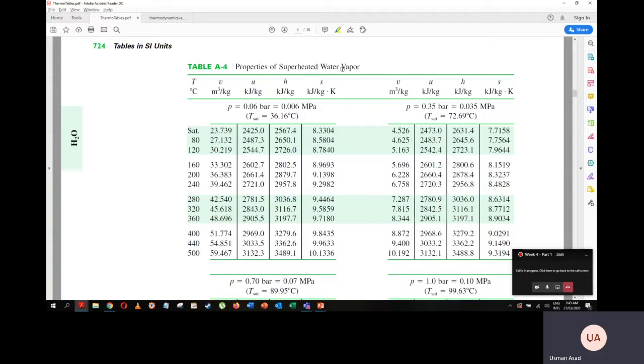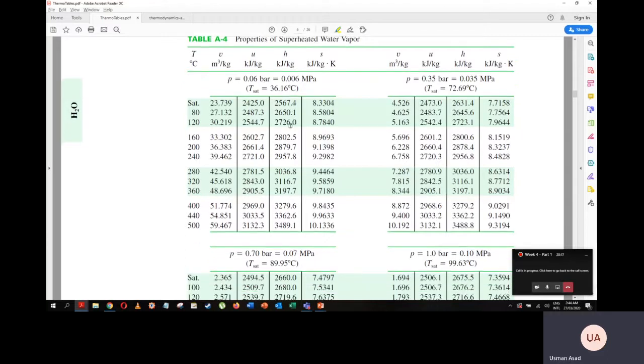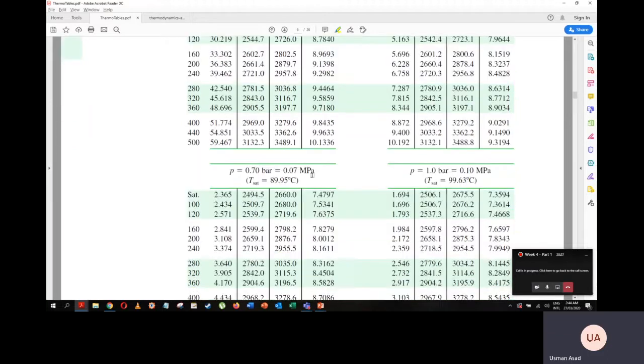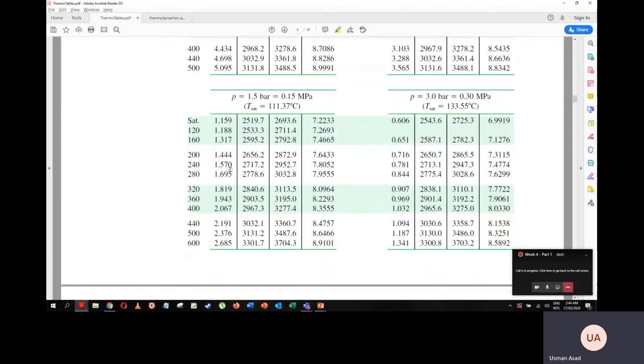So now what we're trying to do here is we are trying to find a temperature of 500 degrees, जो कि आपको काफी सारे mini tables के अंदर मिल जाएंगे, right? You might remember बात हुई थी कि superheated जो tables हैं, they are composed of a number of mini tables. So the first one is this entire table, which is given at a pressure of 0.06 bar, उसके बाद 0.35 bars, and 0.7, 1 bar, इस तरह at different pressures आपके पास ये कुछ mini tables नजर आ रहे हैं, ठीक है?